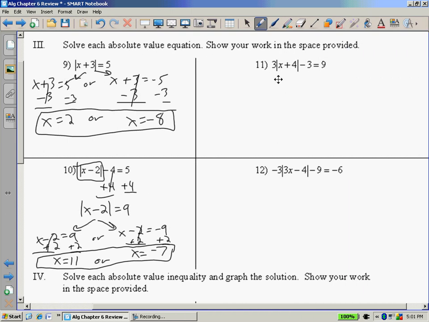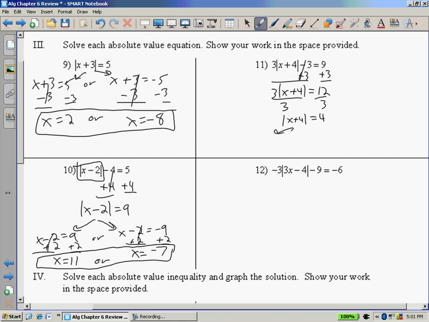Let's look at number 11. Again, I have to get the absolute value of x plus 4 by itself. So let's do that. We're going to add 3. 3 times absolute value of x plus 4 equals 12. We're going to divide by 3. Absolute value of x plus 4 equals 4.